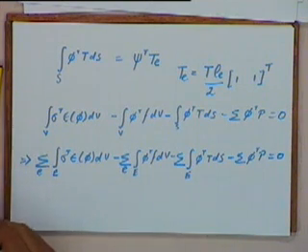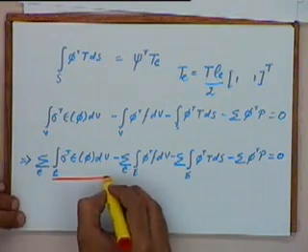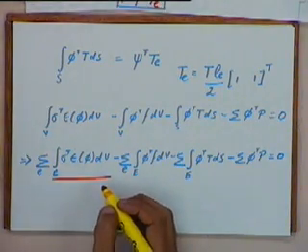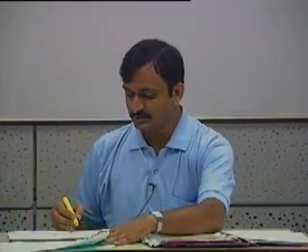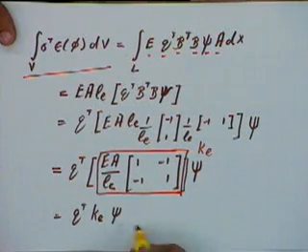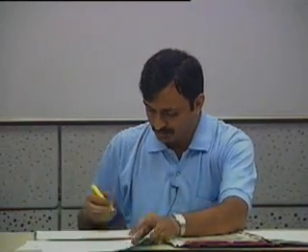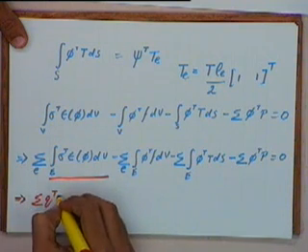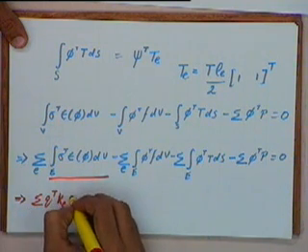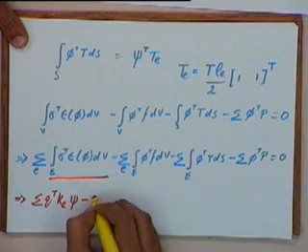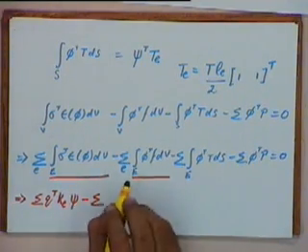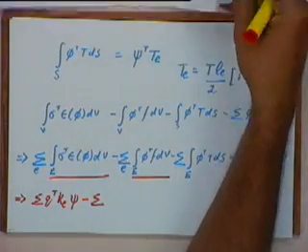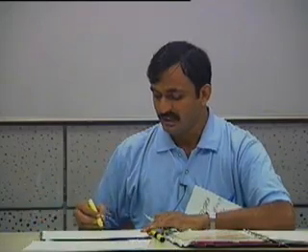Okay. Now this term is what we have just shown to be Q transpose Ke times psi. So this will give me the summation of Q transpose Ke times psi, minus the summation of this term, which is what we just derived as psi transpose times Fe.